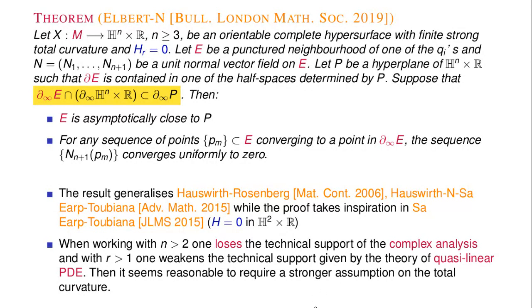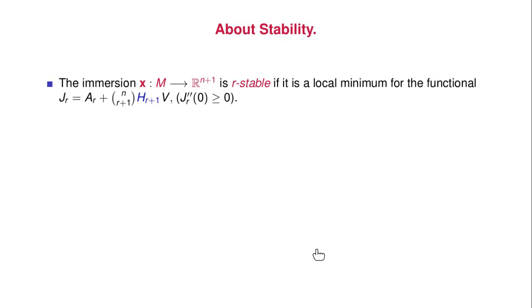Okay, so now I have some time to talk a little bit about stability. I recall to you that the immersion X, of course, I forgot to write, if you have that the (r+1)-th mean curvature is constant, then it is r-stable if it is a local minimum for this functional J that was defined by Reilly.